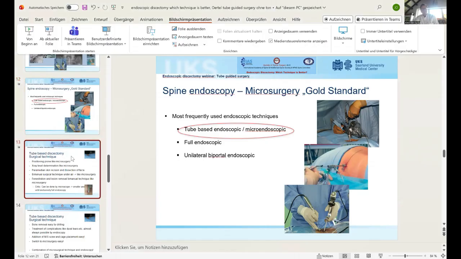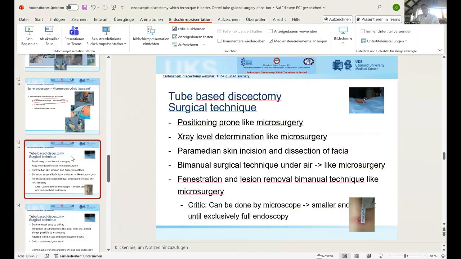So what is the big advantage with the tube-based system? The big advantage is that you really can do this technique with a large tube as well with microsurgery. So, like we do in our practice, about 90% of the spine procedures are not endoscopic, so just decompression and fusion.